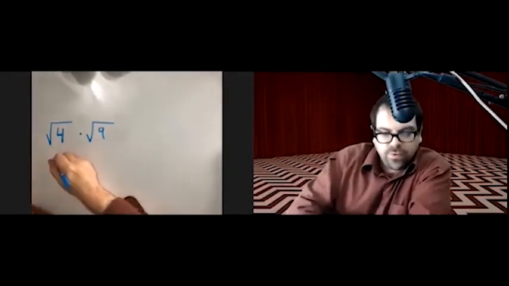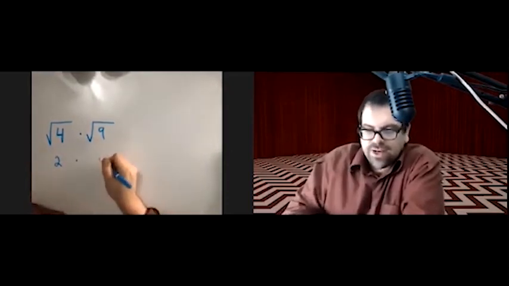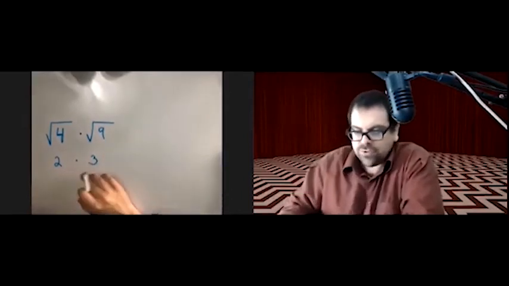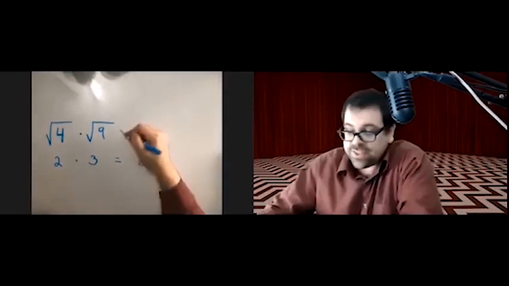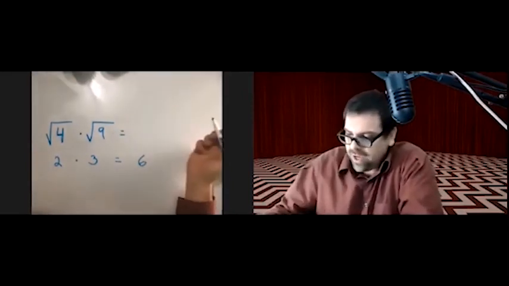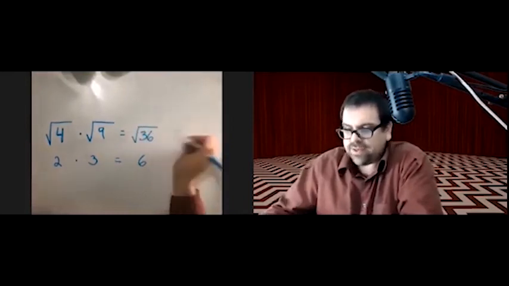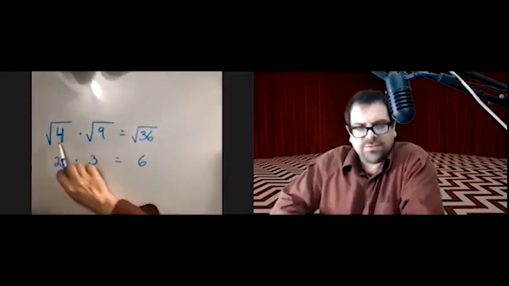The square root of 4 is 2. The square root of 9 is 3. 2 times 3 is 6. So the answer is 6, which, by the way, is the square root of 36. What's 4 times 9?